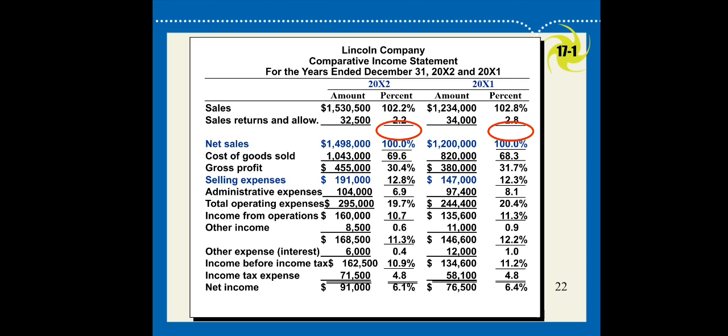So it shows that the business financial performance is not getting better. It's getting worse compared to the last year. So that is the conclusion that you can make. If you do not do the analysis, you will say that the business is in a good financial performance. But after you do the analysis, you can make a better conclusion. You will see that the business financial performance is not getting better.